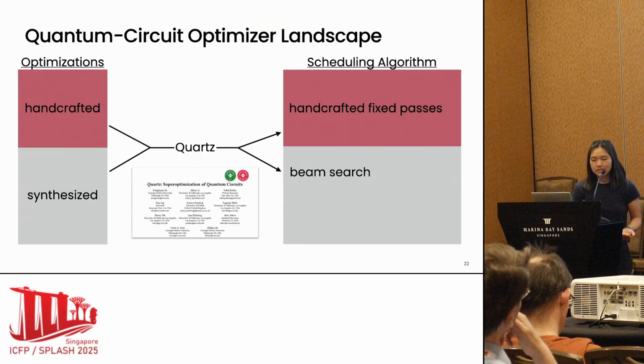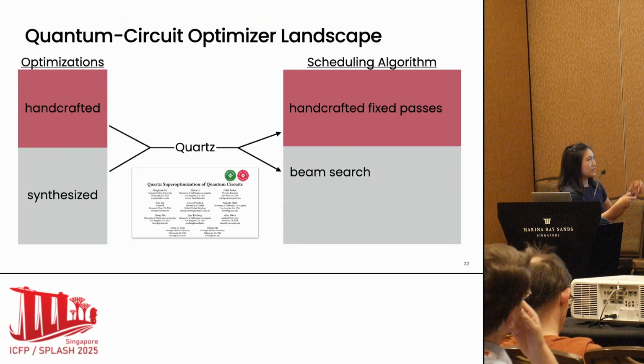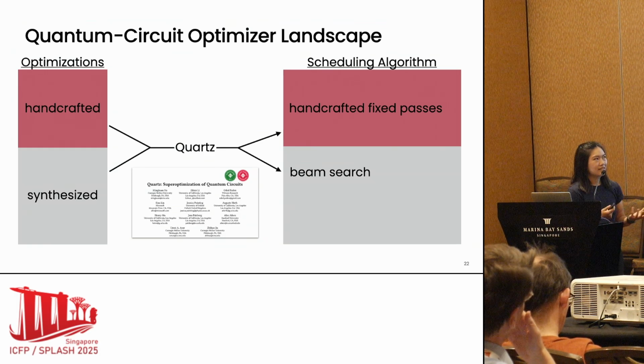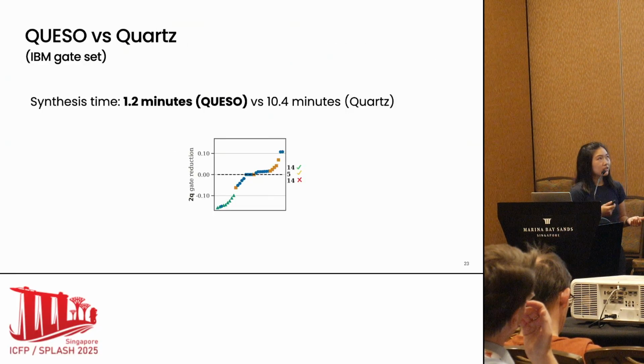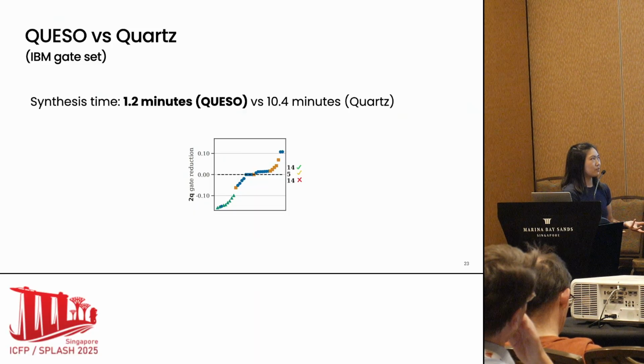And if we revisit our landscape, there was this funny tool that was touching all of these quadrants, and it also has a similar idea of trying to synthesize rules, but it includes some manual handcrafted preprocessing. And so when we compare against that tool, firstly, we're synthesizing these rewrite rules much faster.